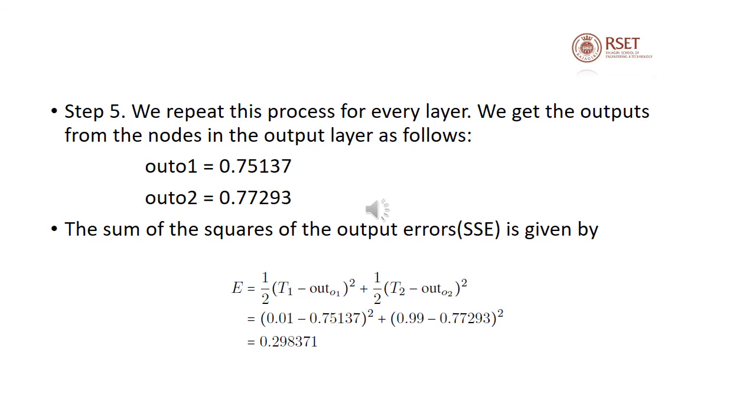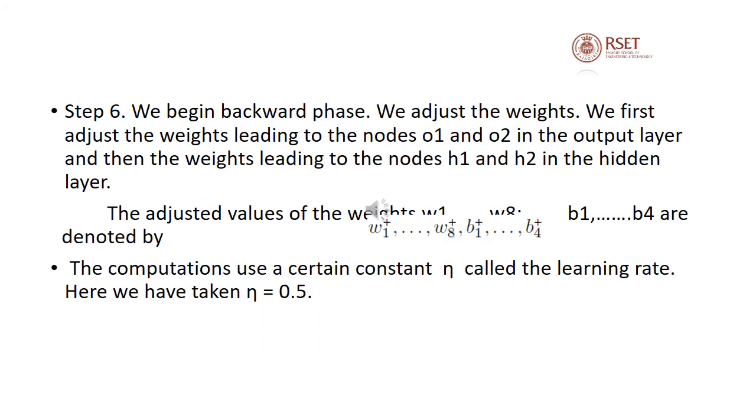The next is the sum of squares of the output error, which is given by E equal to half into (T1 minus output of O1) whole square plus half into (T2 minus output of O2) whole square. We already know the output of O1, output of O2, T1 and T2, so substituting the values, you will get 0.29836.